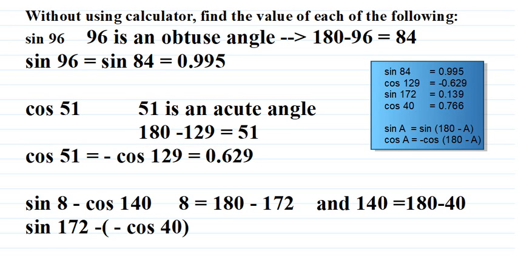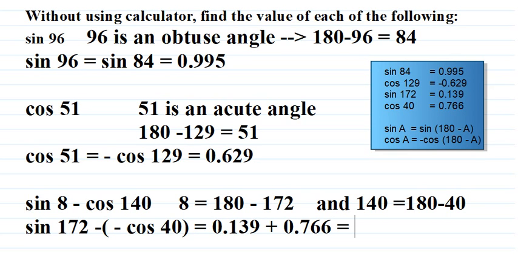So we are going to have sine 172 from the table, 0.139. Negative minus negative will be plus 0.766.